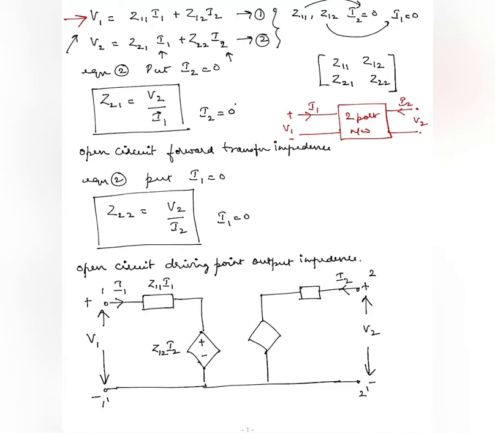So similarly here you have Z21 I1, and here you have Z22. Okay, I made a mistake here, that is this impedance value is Z11 only.